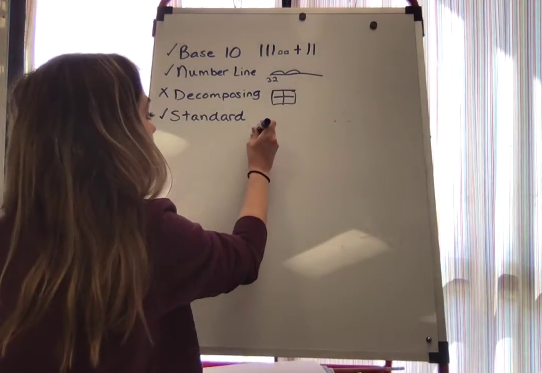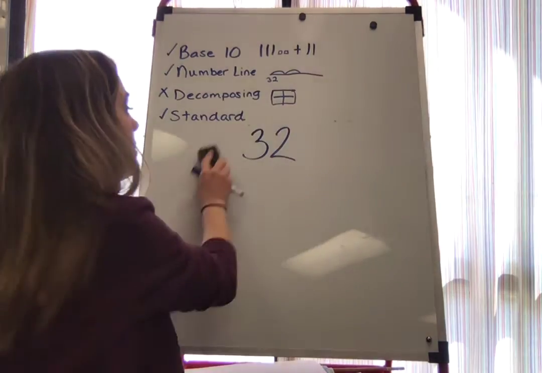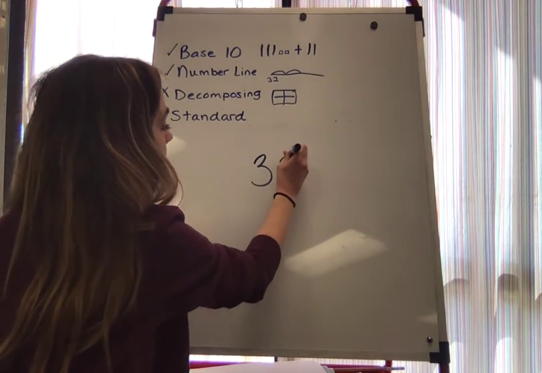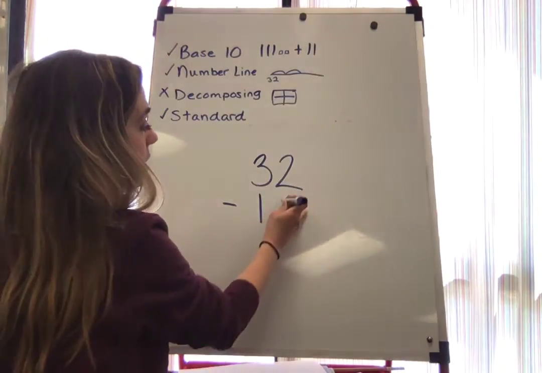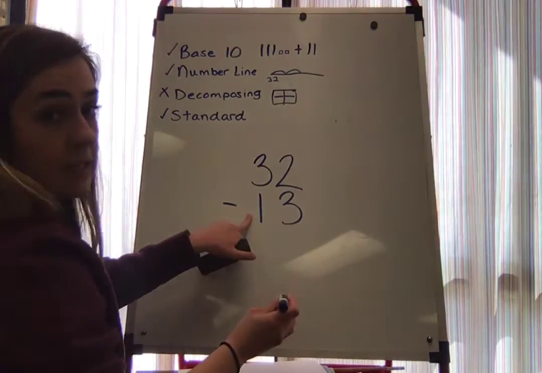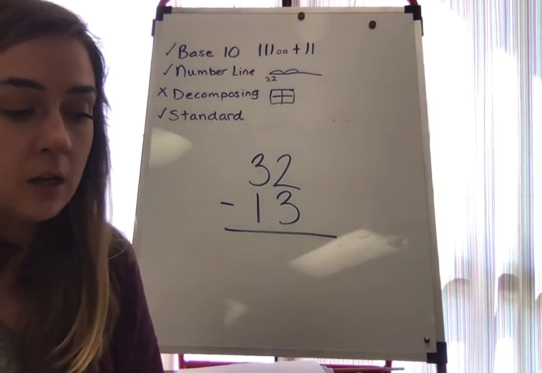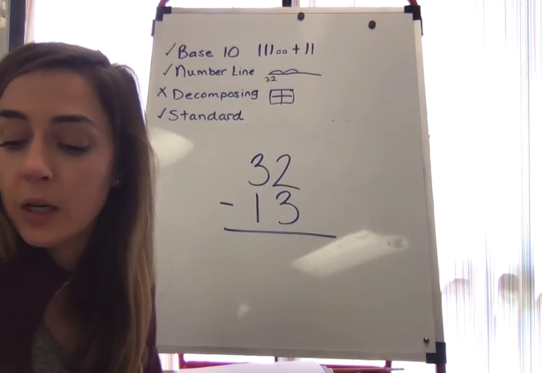So we just did 32. I'm going to write it down here. 32, upstairs number, minus 13, my downstairs number, equals. Okay, so here we go. I'm going to build this top number just like I would with base 10.